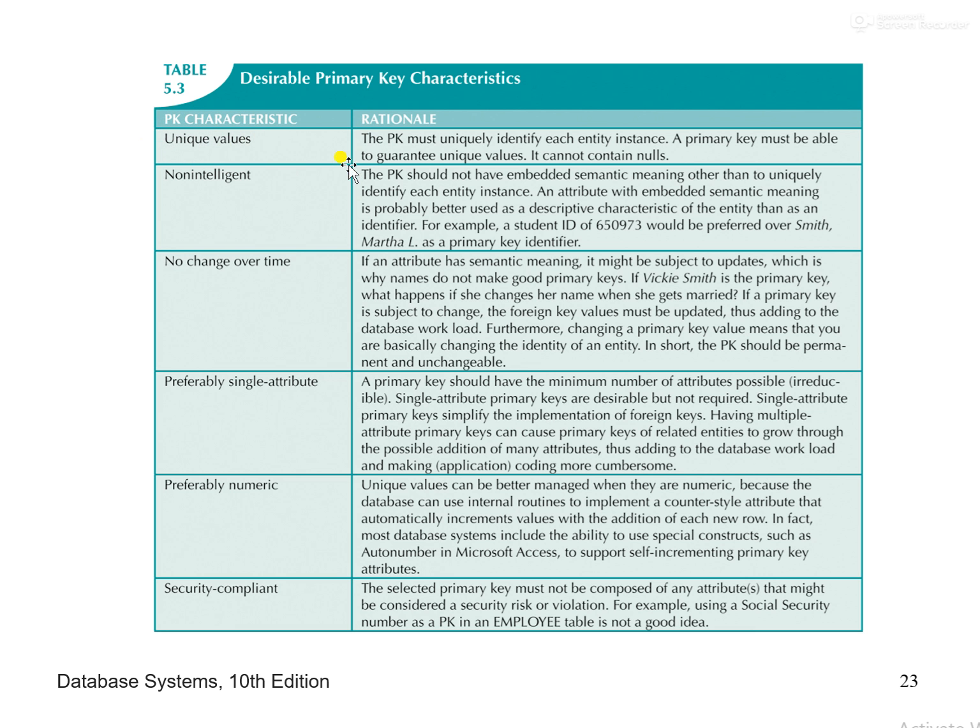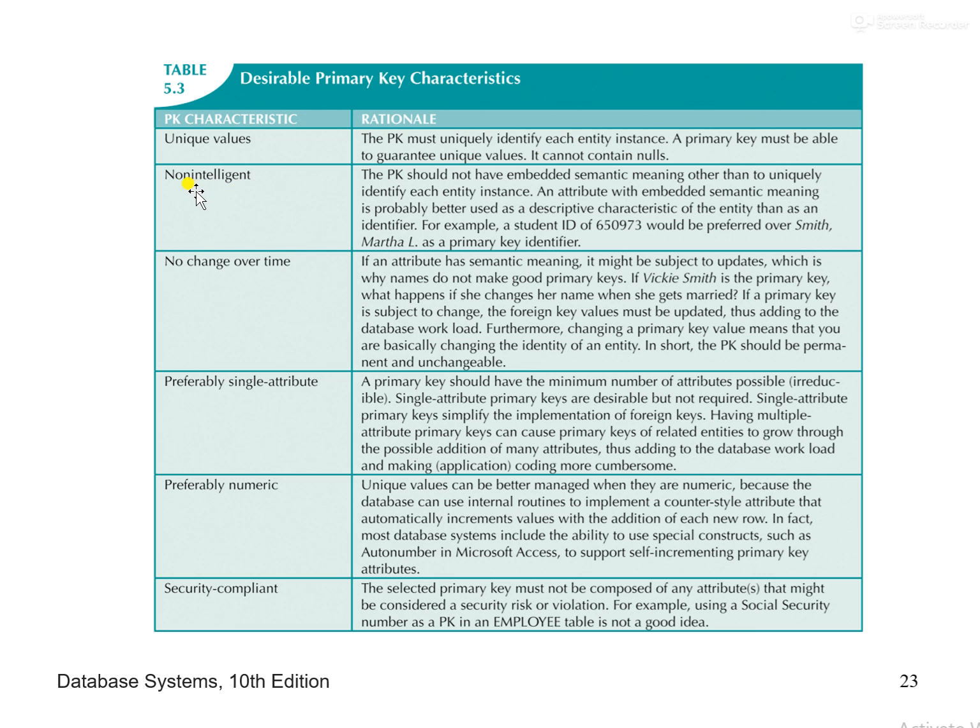The first main characteristic is that it should be unique and it should not contain a null value. It is not possible for a primary key value to contain null. Very, very important: it should not contain null and it should never repeat itself. Always a unique value.